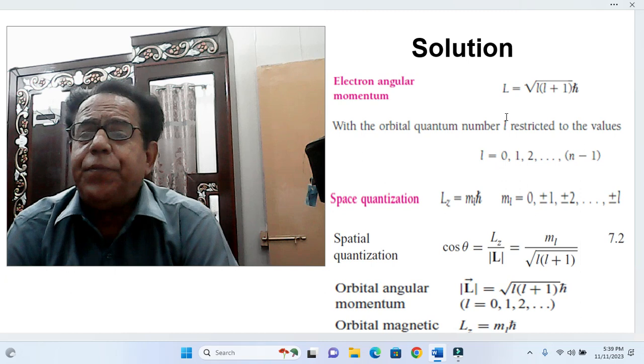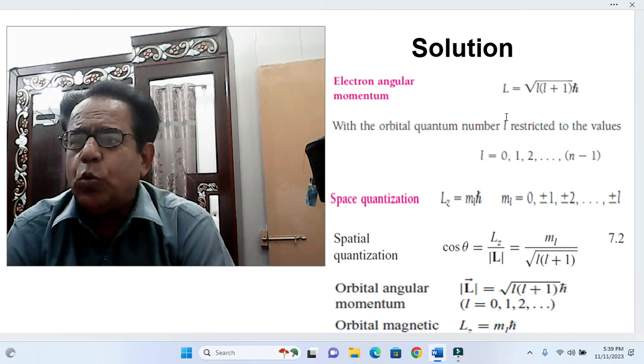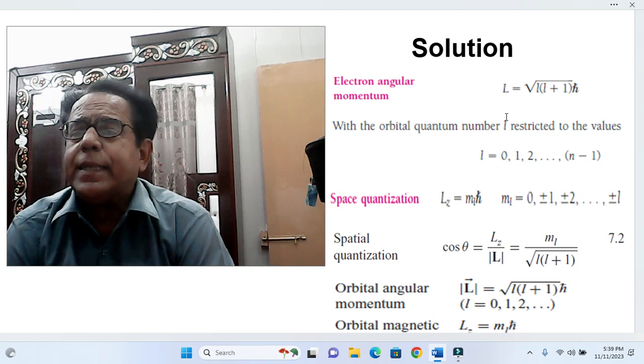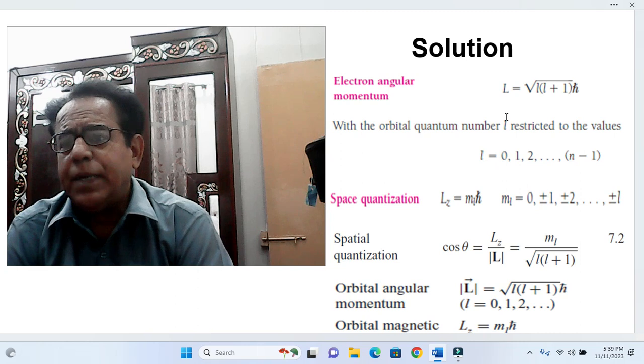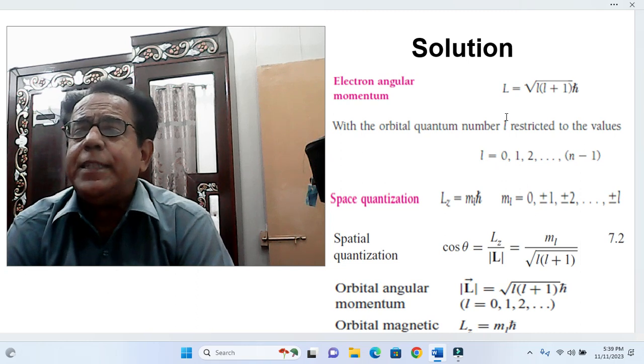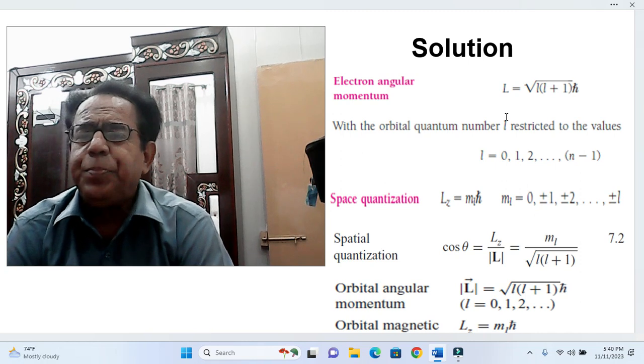First snapshot is electron angular momentum: capital L is equal to under root l into (l plus 1) into h cut, where h cut means Planck's constant divided by 2 pi, the reduced Planck's constant.